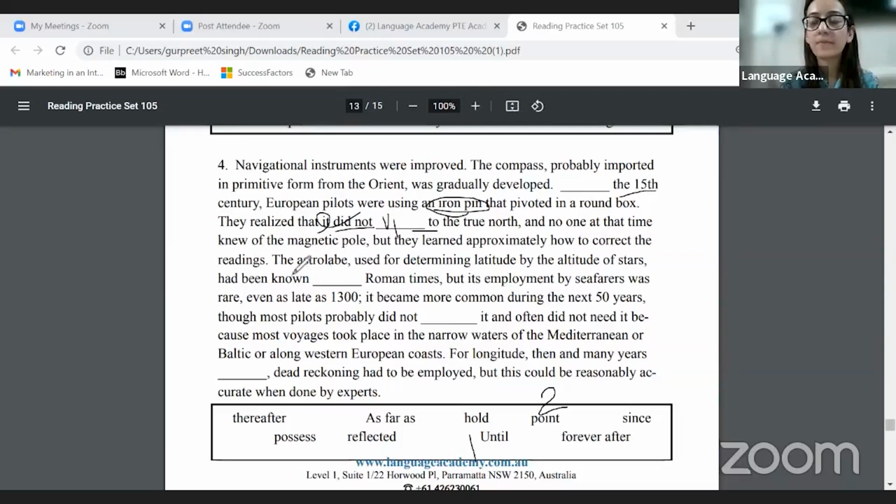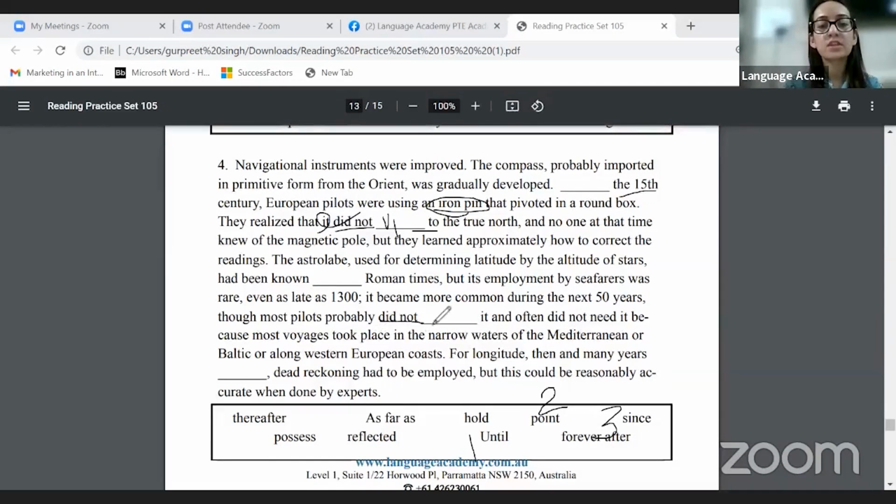The astrolabe had been known dash Roman times. So Roman times is the past time. So we can say since, which means from that time they have known about this astrolabe. But its employment by seafarers was rare even as late as 1300. It became more common during the next 50 years, though most pilots did not dash it and often did not need it.